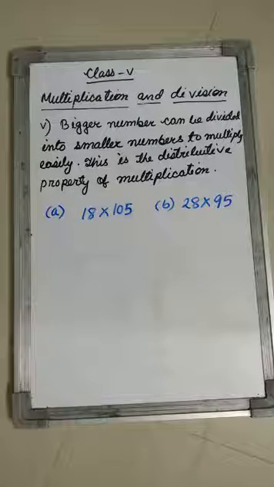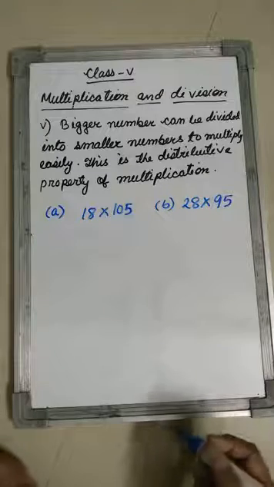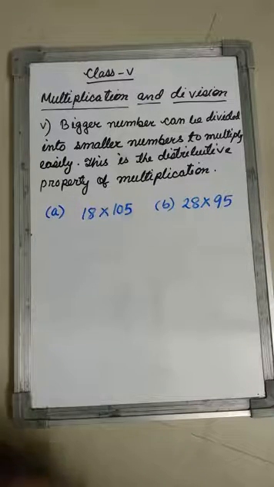So property number 5 is bigger numbers can be divided into smaller numbers to multiply easily. This is the distributive property of multiplication. So this is not divided, it is the expanded form of the number.